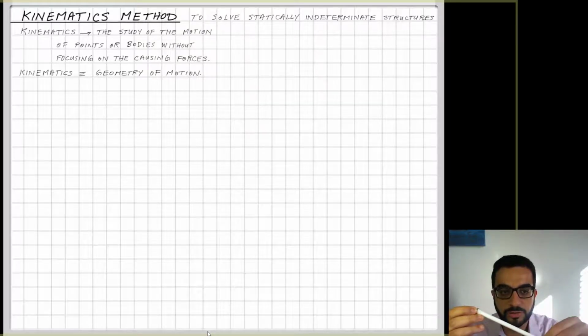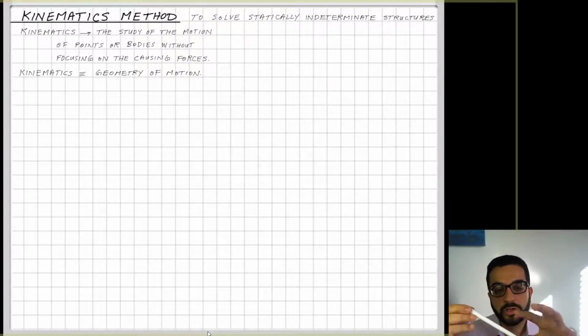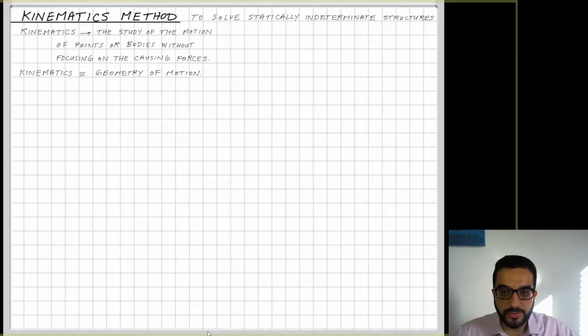Because now I'm using geometry to imply deformation and displacements of a member. That's basically what kinematics is, using basic geometry information to relate the motions of different members in a system.